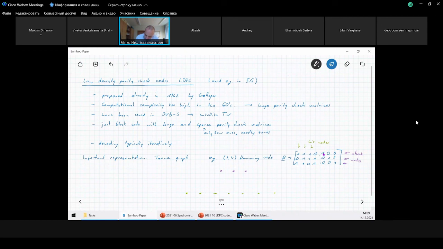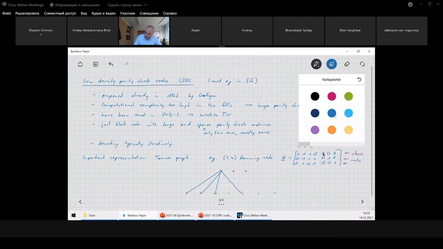So we have here links from the first bit, from the second bit, from the third, and from the fifth. So this Tanner graph basically describes how the bits in our syndrome are calculated.